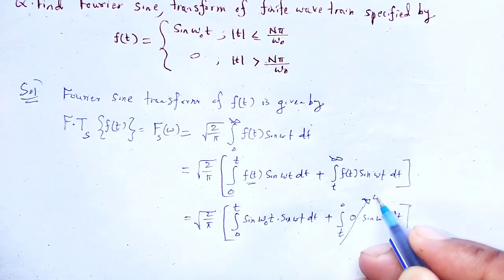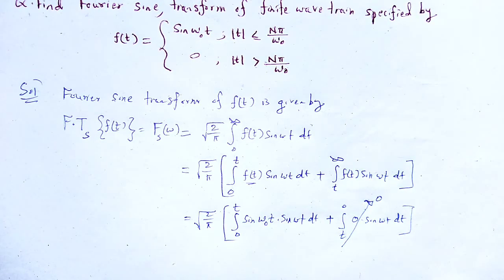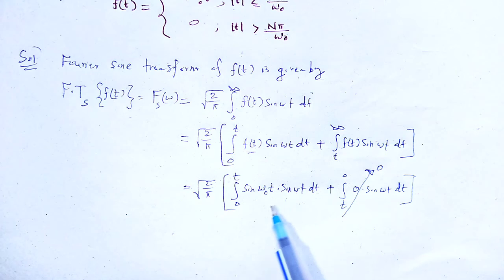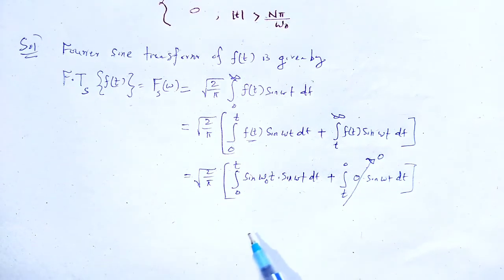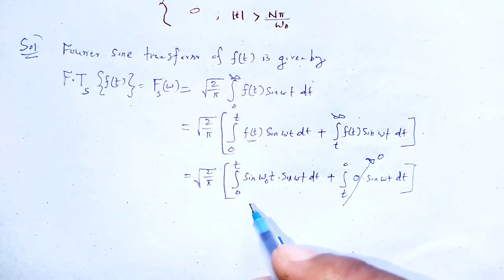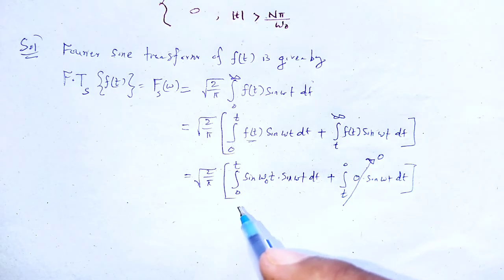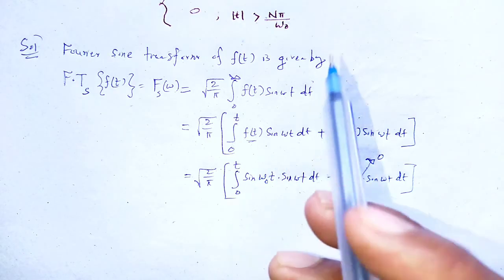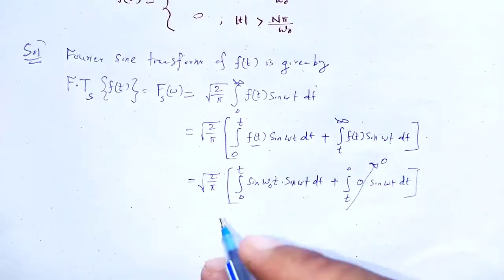Therefore, that integral results as 0. So the contribution is only due to the first integral, and the limit 0 to t is n pi by omega naught.